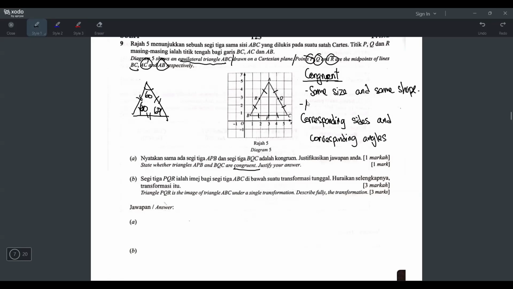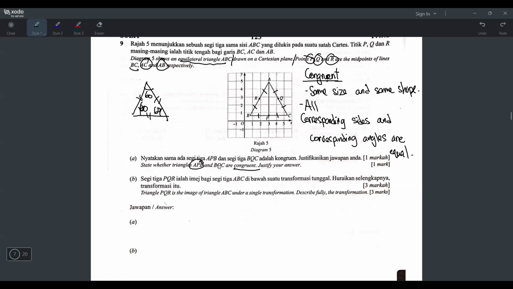Actually I should write all. So all corresponding angles are equal. It means that all the sisi sepadan and all the sudut sepadan kena sama. Because when all corresponding sides and corresponding angles are equal, that means they are same size and same shape lah. That means they are congruent. Okay. So that's how we determine kalau nak tahu dua shape ni congruent or not.